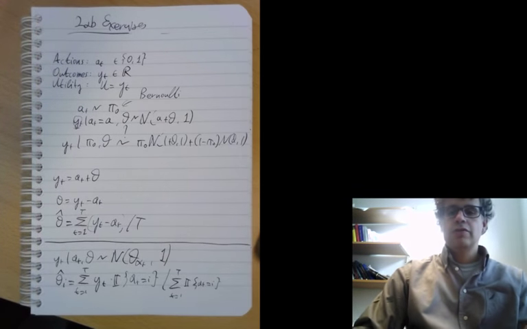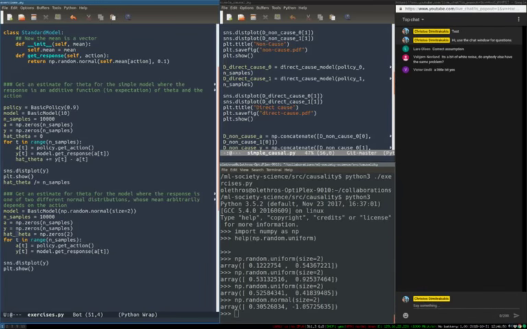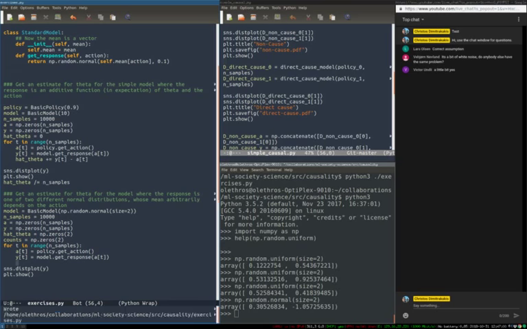In code it's pretty simple as well. Counts a_t plus equal 1, and then theta hat a_t plus equal the response.